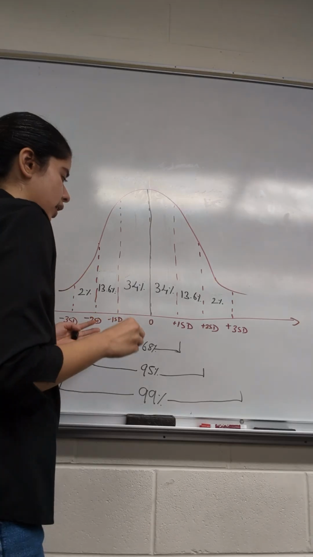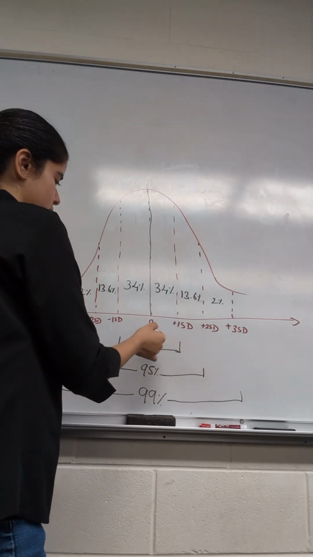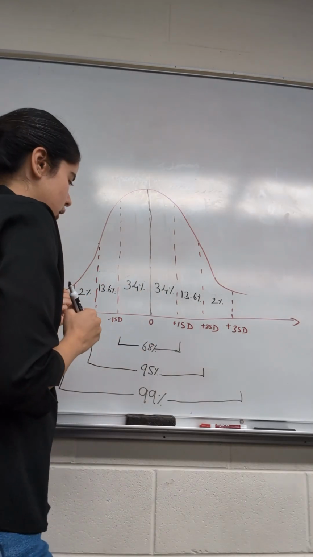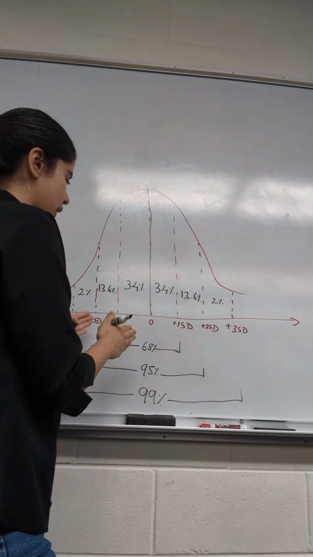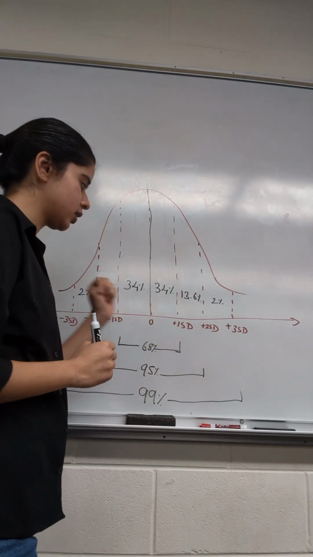Okay, so the average is basically what is denoted as 0 because it's 0 standard deviations away. And then you have 1 standard deviation away from this.